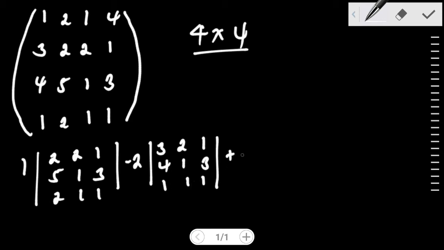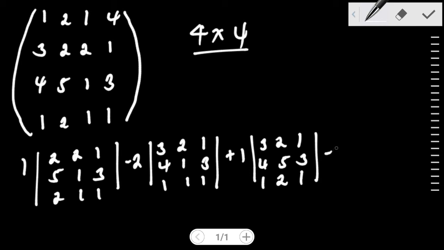Plus 1, I'm going to have 3 2 1, 4 5 3, and 1 2 1. Then minus 4, I'm going to have 3 2 2, 4 5 1 and 1 2 1.